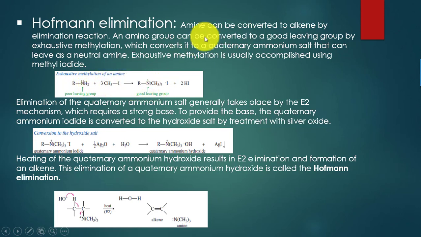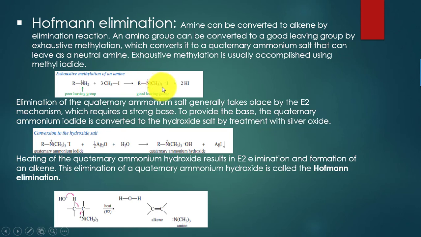And we say that the amino group can be converted into a good leaving group by exhaustive methylation, which converts it to a quaternary ammonium salt that can leave as a neutral amine. Exhaustive methylation is usually accomplished using methyl iodide. So amines on reaction with methyl iodide get converted into quaternary ammonium salt, and we say that elimination of this amine group actually takes place by E2 mechanism, by a bimolecular elimination reaction.